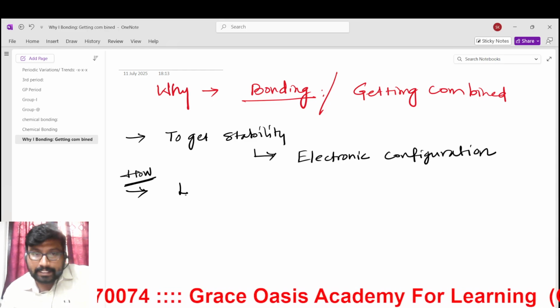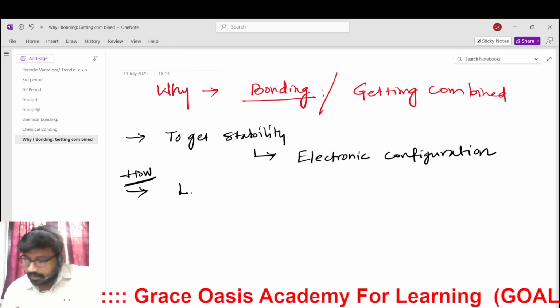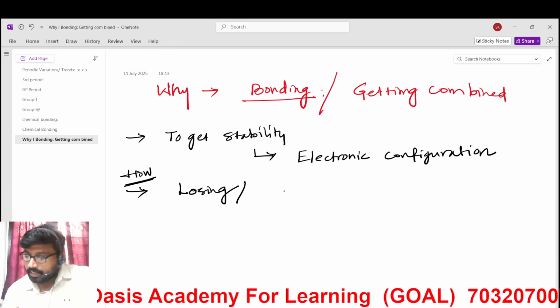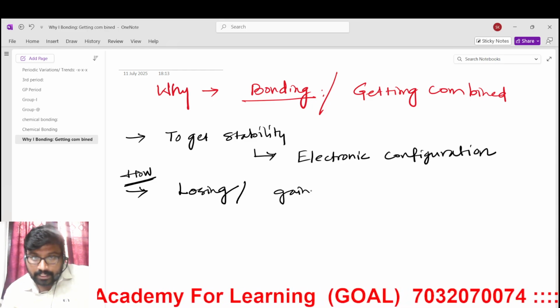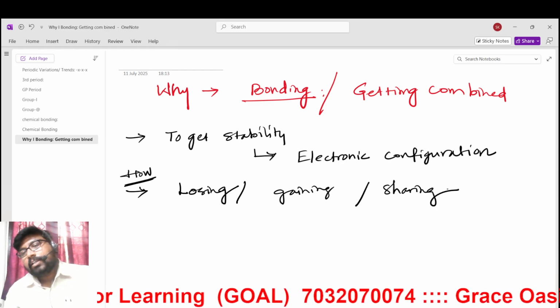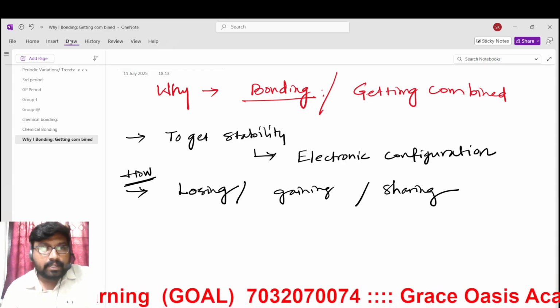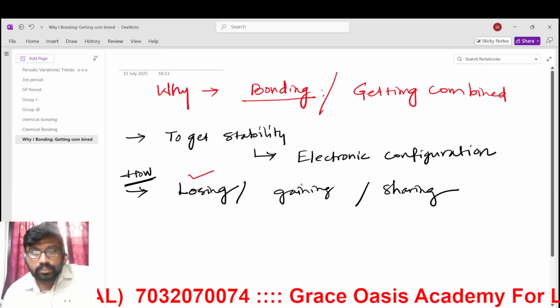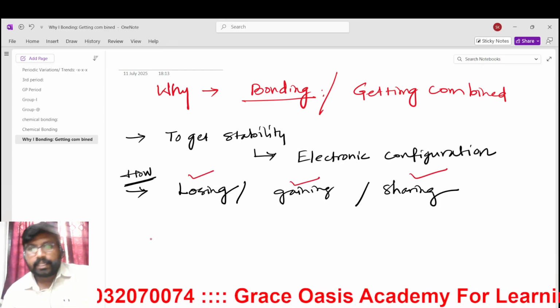They will attain stability by either losing, gaining or sharing electrons.